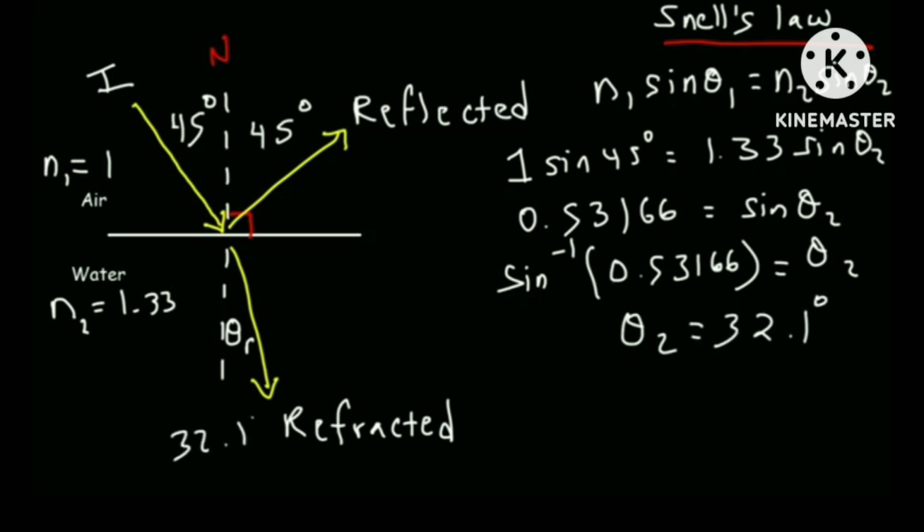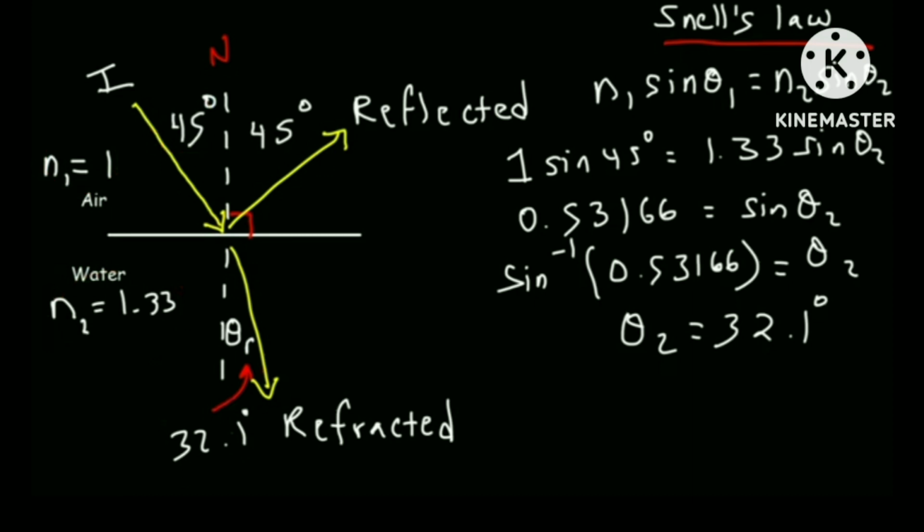So that is the angle of refraction. So notice that as the incident ray moves from a material with a low index of refraction to a material with a higher index of refraction, the ray bends closer to the normal line. The angle decreased from 45 to 32.1.